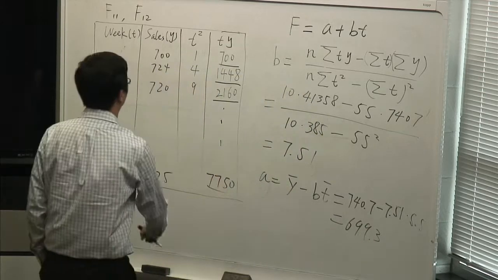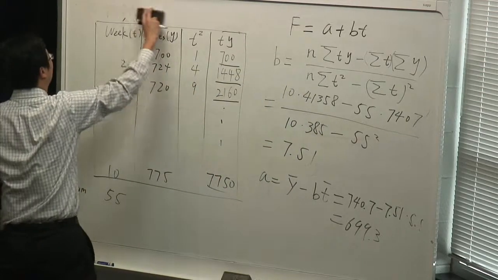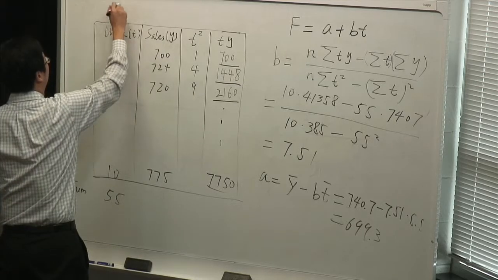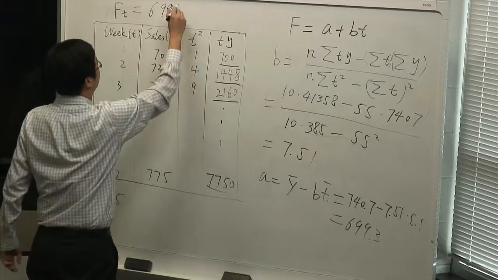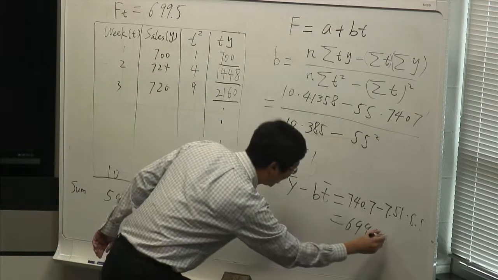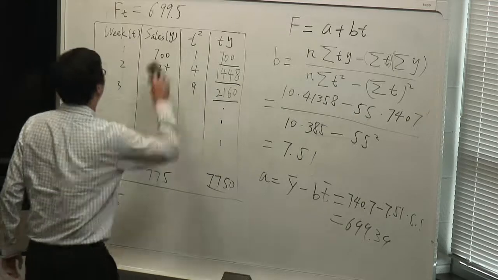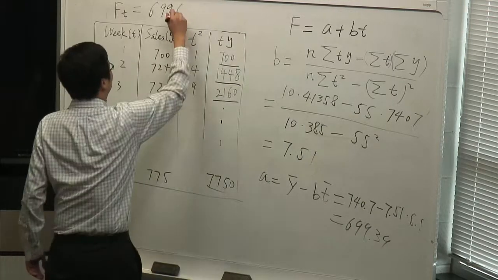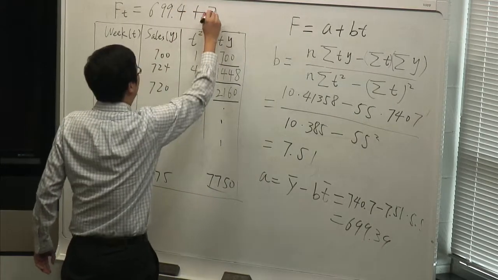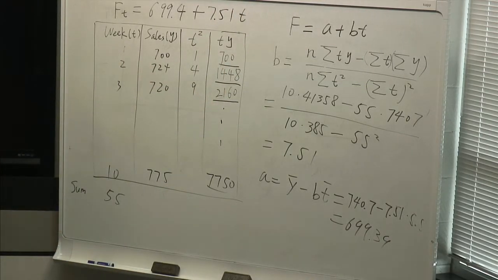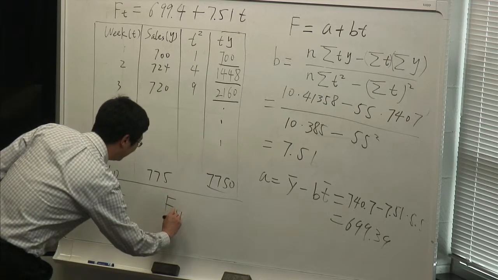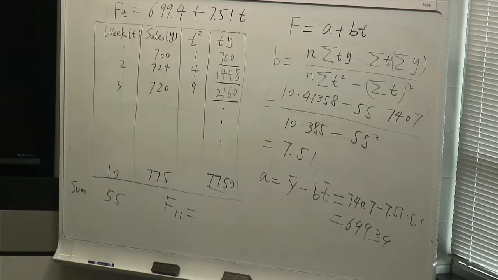Okay, then we get this formula, right? F_t equal to 699.39, and let's write down 4, plus 7.51t. Then anybody gets the results for the forecast of week 11 and week 12? Week 11, F11 equal to what? 782.